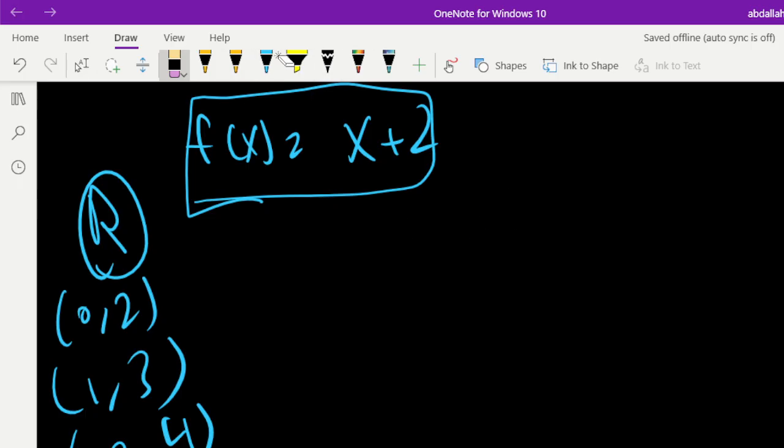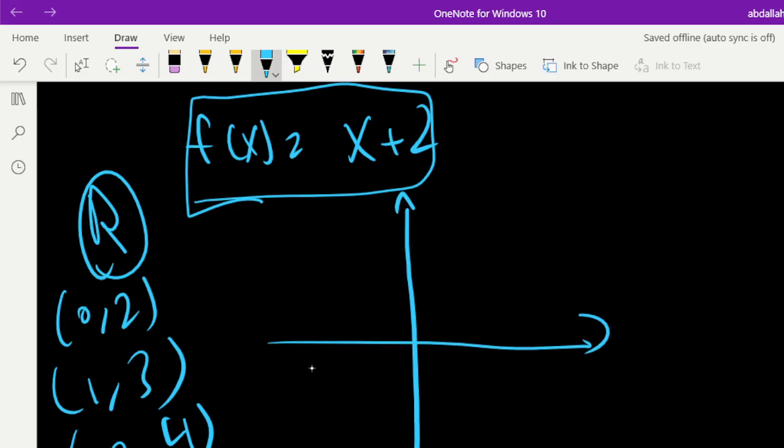Okay, that's good. Here are our axes. This is x dash and x, or you can say negative x, positive x, positive y, and this negative y.